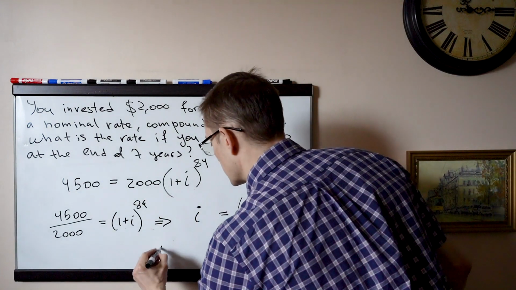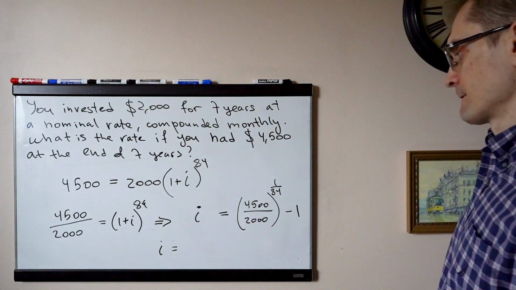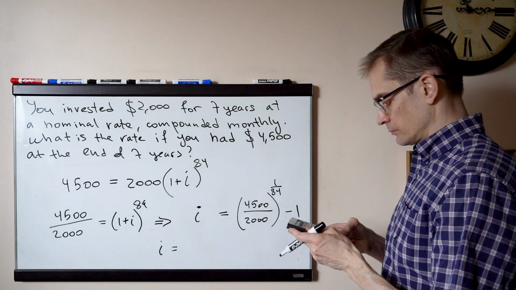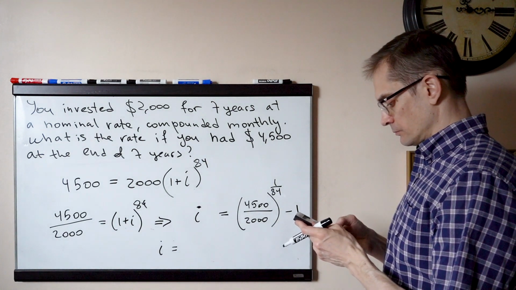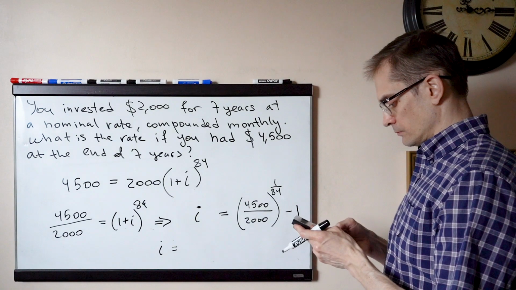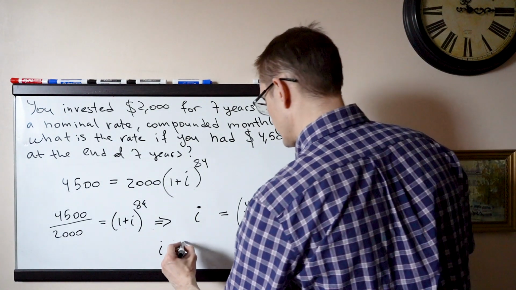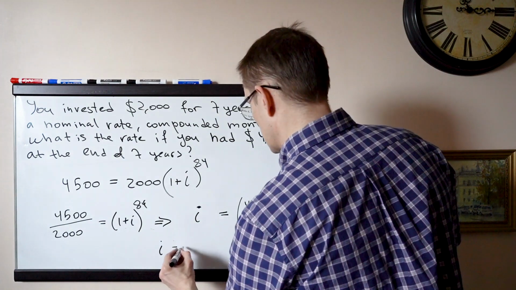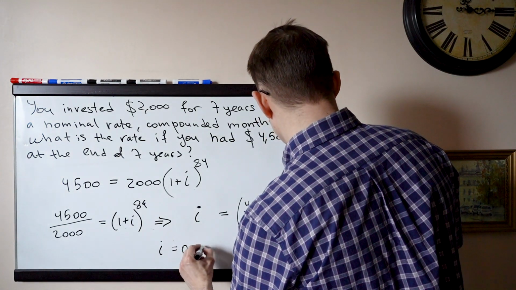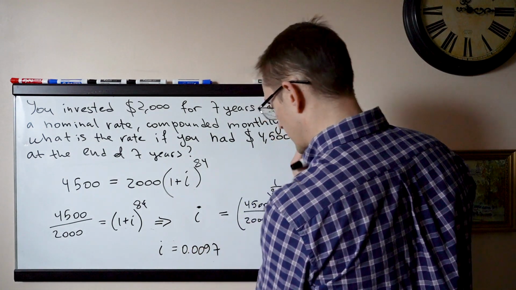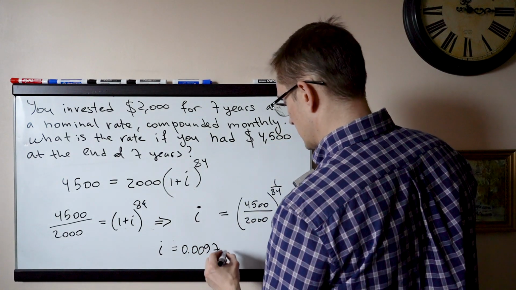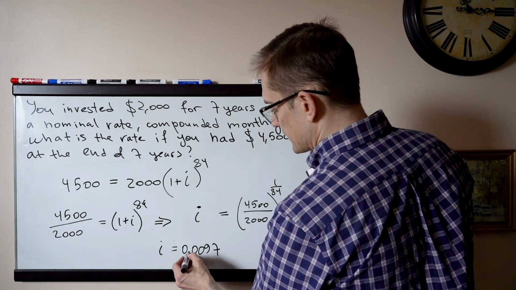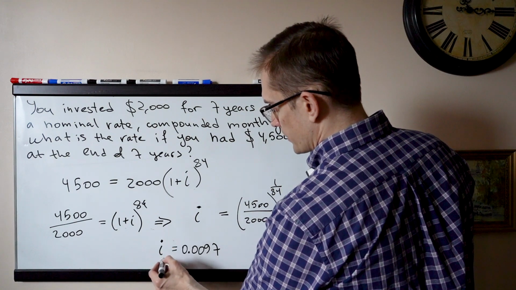Okay, so let me calculate this. It's going to be 0.0097. That's a rounded number, because then I have basically a 0 after that. But that's the rate per period.